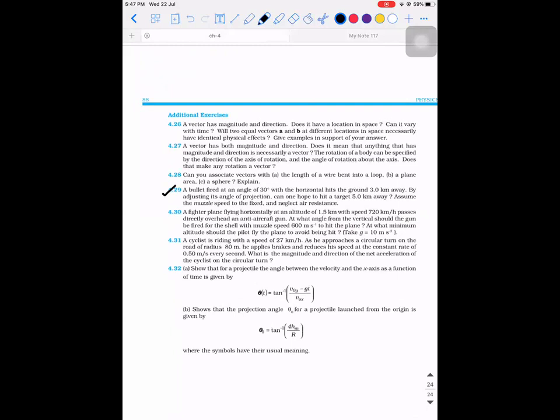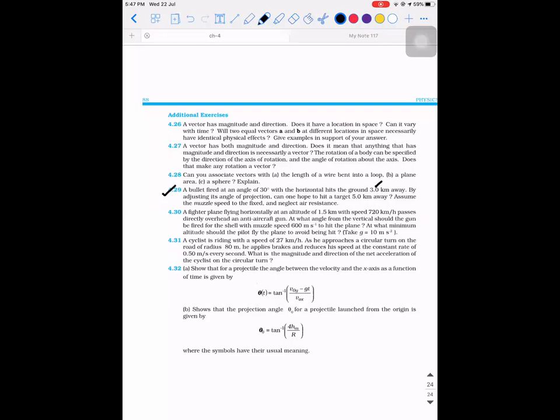A bullet fired at an angle 30 degrees with the horizontal hits the ground 3 kilometers away. That is the first point they've given. So they have fired a bullet at an angle 30 degrees with the horizontal, such that the range was 3 kilometers. The second point is, by adjusting its angle of projection, can one hope to hit a target which is at a distance of 5 kilometers away?